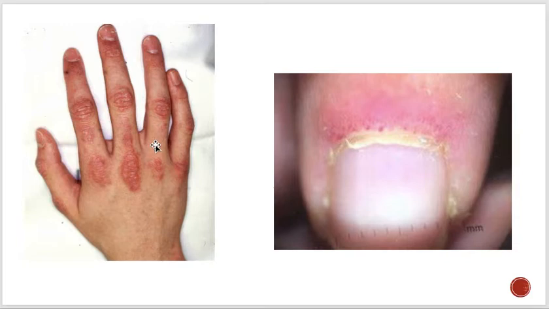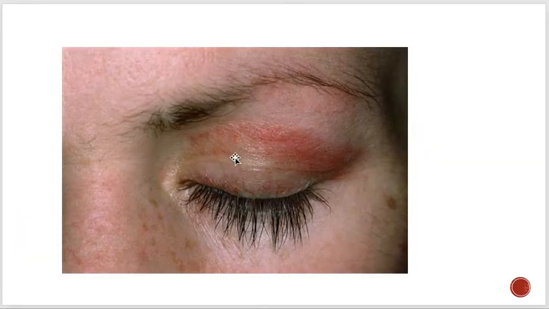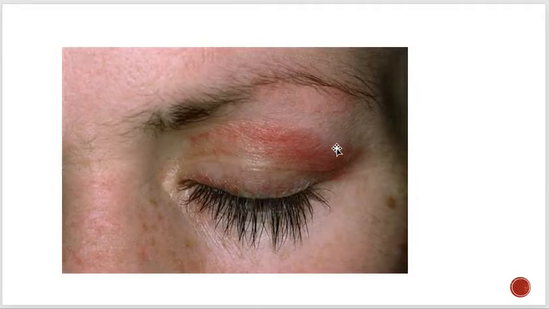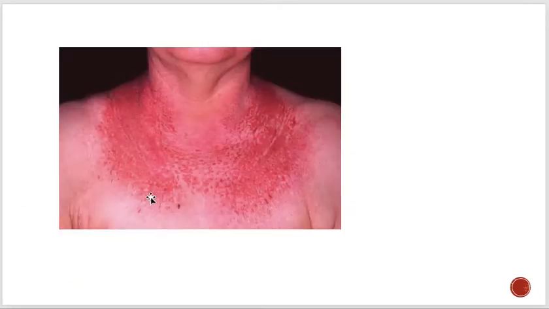One of the things is called heliotrope rash. You can see it here. This is a violaceous rash over the eyelids, usually with edema. In this one, of course, you cannot see edema, but it usually comes with edema. So very common signs: Gottron signs, Gottron papules, heliotrope rash, and this is called the shawl sign.